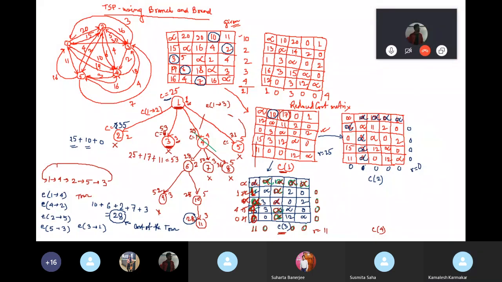In that way, you have to solve this TSP problem using branch and bound. Do you have any doubt here? Try to solve the problem at home, because all the steps are needed. But if any problem is given in your exam, it obviously will not contain 5 nodes.